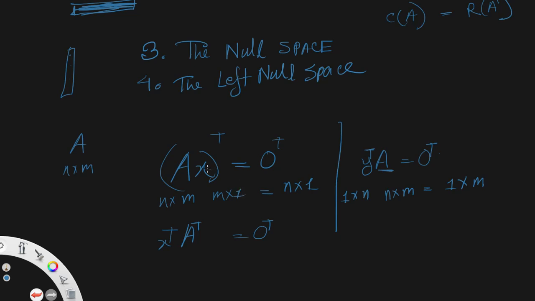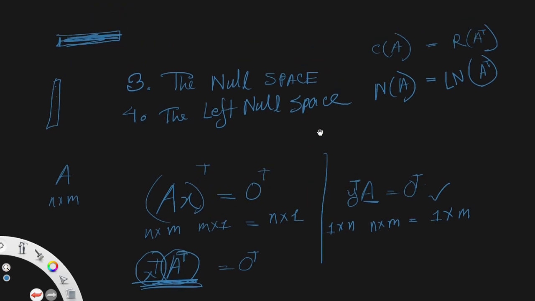So the null space of a matrix is the left null space of the transpose of said matrix, because this is similar to this equation. So the null space of the matrix A is the same space as the left null space of the matrix A transpose.